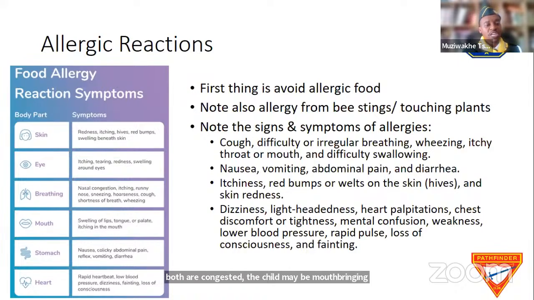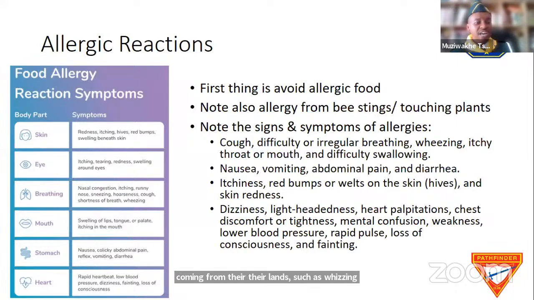And we need to also check for itchiness. Sometimes they may have a runny nose. Sometimes they may be sneezing a lot, and their voices may be hoarse. They may be coughing uncontrollably at times. They may present with shortness of breath, and you may hear some sounds coming from their lungs, such as wheezing.